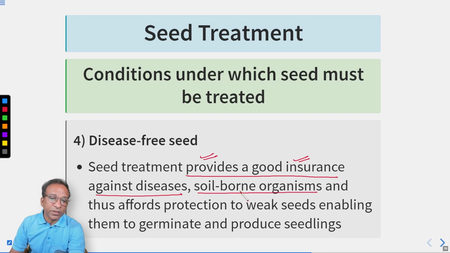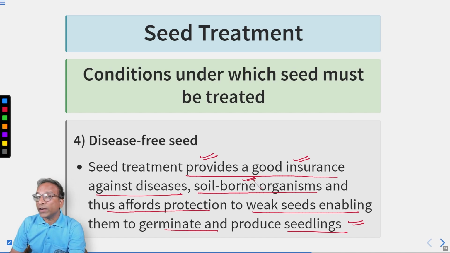Soil-borne organisms and fungi are not going to affect our seed, thus affording protection to weak seeds, enabling them to germinate and produce seedlings, and they can establish in the soil.